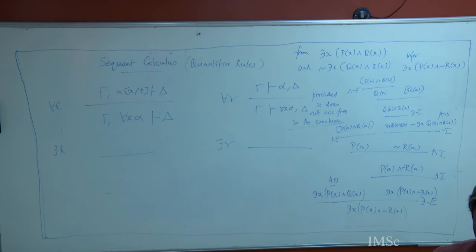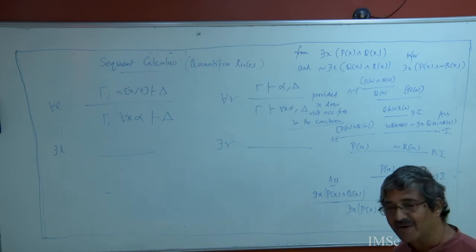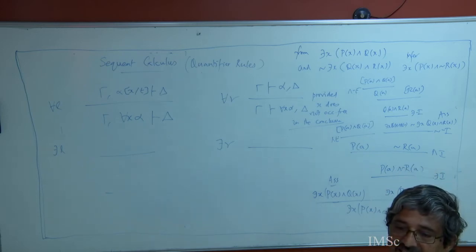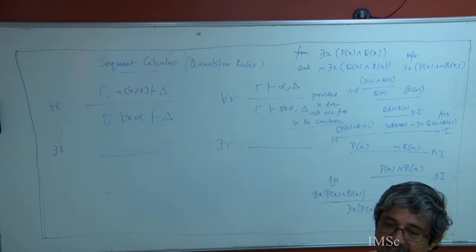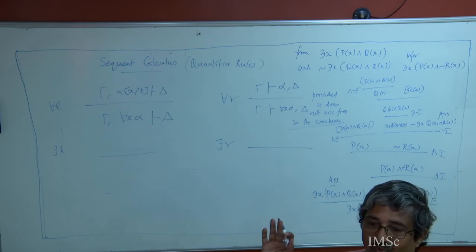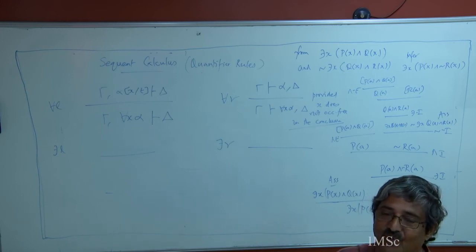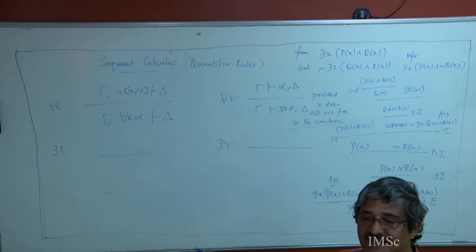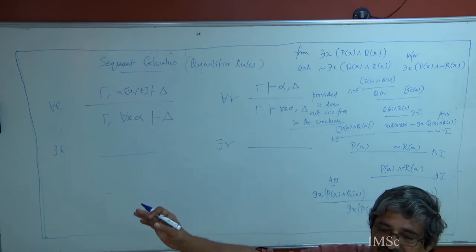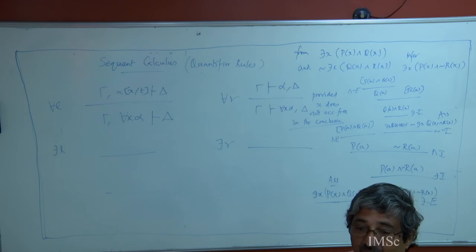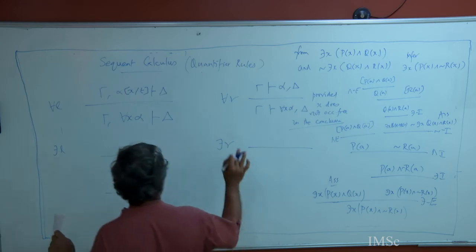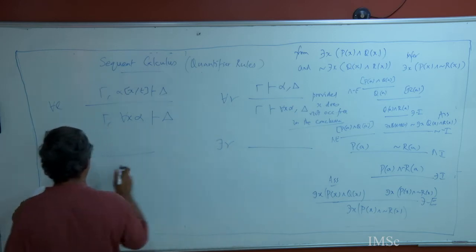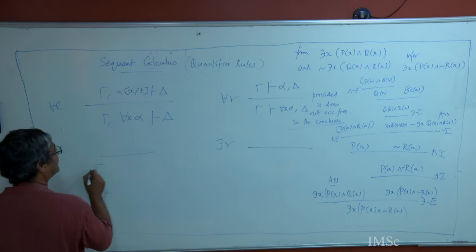It's not like natural deduction where conjunction introduction and disjunction elimination look different. In sequent calculus, whatever is the left rule for conjunction is the right rule for disjunction. Whatever is the right rule for conjunction is the left rule for disjunction, and so on, right? So there is absolutely no choice in sequent calculus. The moment you have written your for all right rule, the existential left rule has to be this.